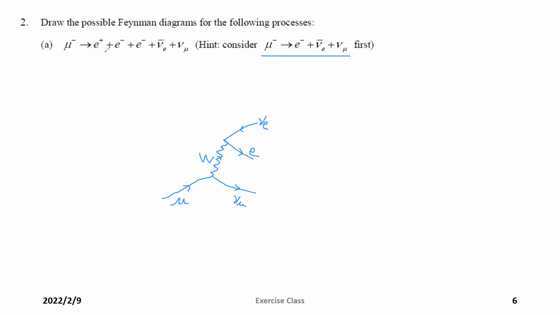And in the question, we still have to add this electron-positron pair. The most straightforward vertex that we can think of is the photon vertex.